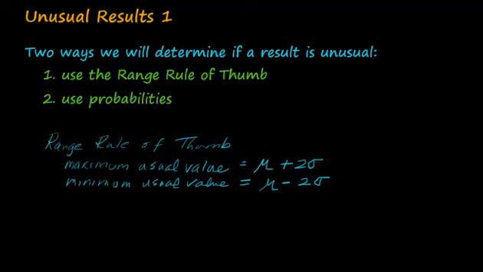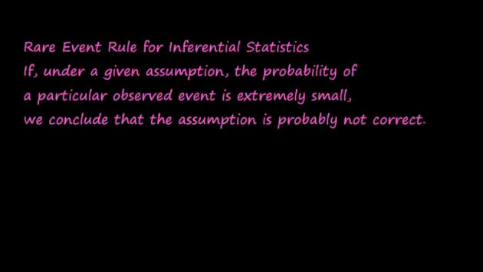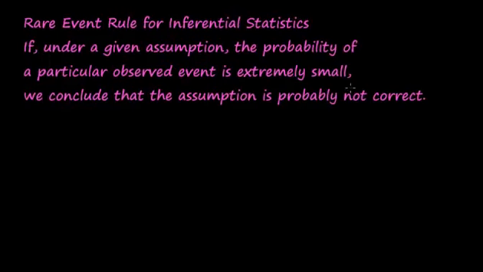When we talk about probabilities, then we need to look at the rare event rule. So the rare event rule for inferential statistics says that if, under a given assumption, you've made an assumption, the probability of a particular observed event, this happened, you saw this happen, is extremely small, we conclude that the assumption is probably not correct.